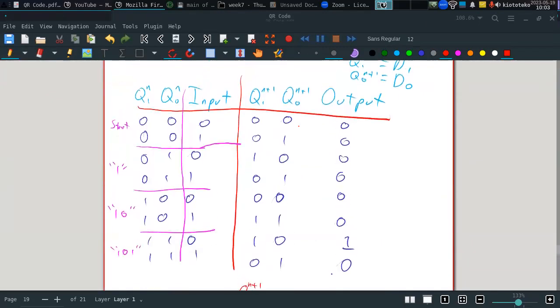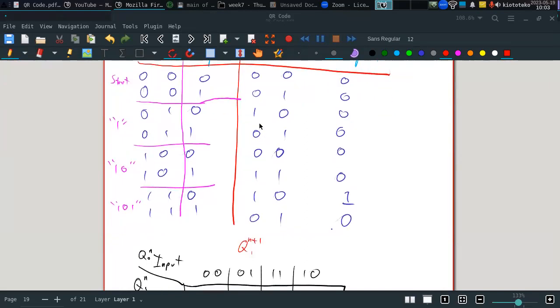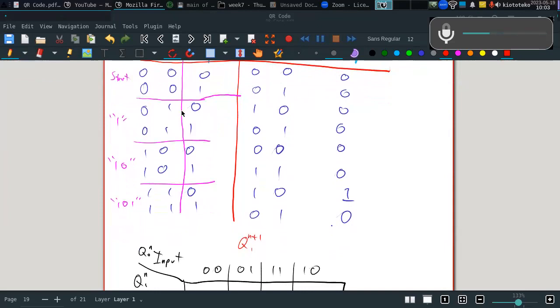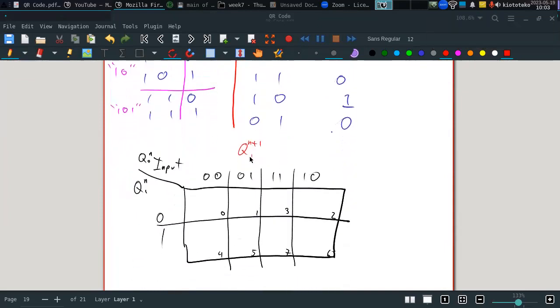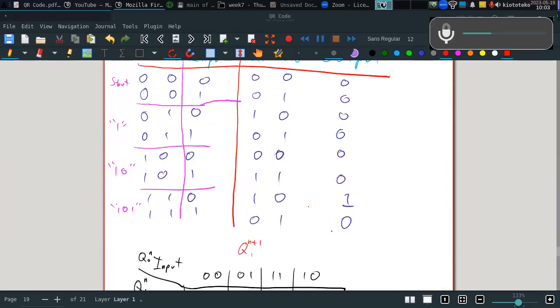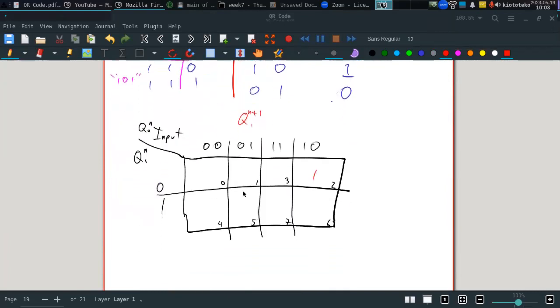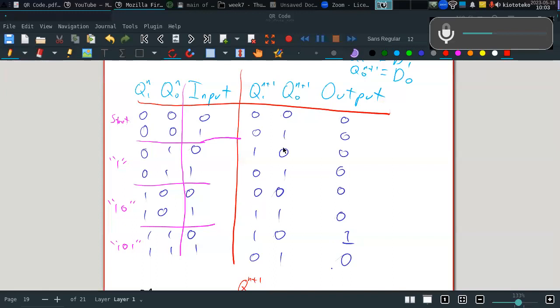Okay, so let's go with the first column. We see that the minterms are in 2, in 5 and in 6, no? 5 and 6. The rest are zeros. For the second case, it's in 1, 3, 5, 7.